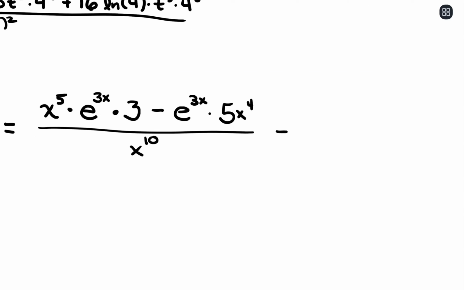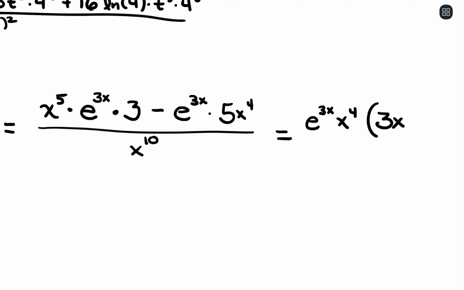All right, I'm going to see if I can get some common factors out of here. Looks like we can factor out an e to the 3x. We can also factor out an x to the 4th. So I'm going to go e to the 3x, x to the 4th. And then our leftovers, we'll still have an x left over for that first term and a 3.